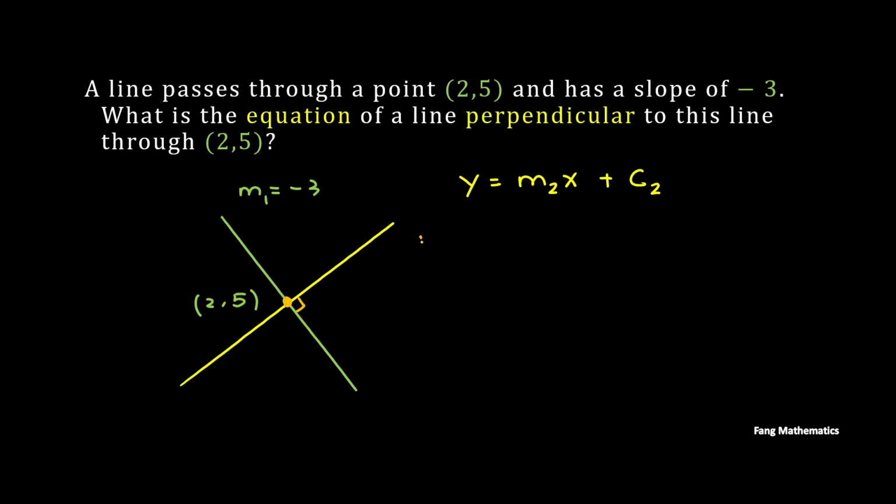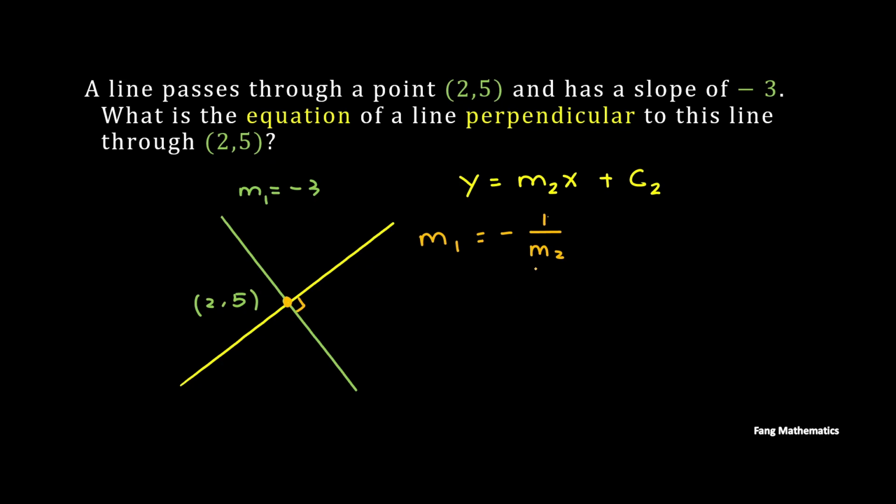So you have the expression m1 is equal to the negative reciprocal of m2. Since m1 is -3, the negative of -3 is positive, and you take the reciprocal of 3. And you should get your m2 as 1/3.